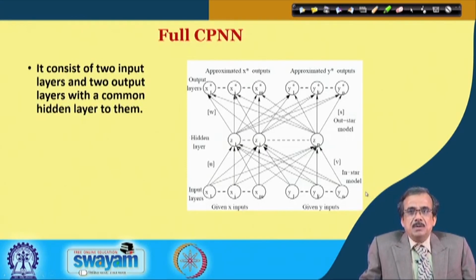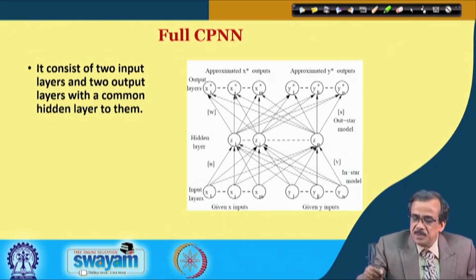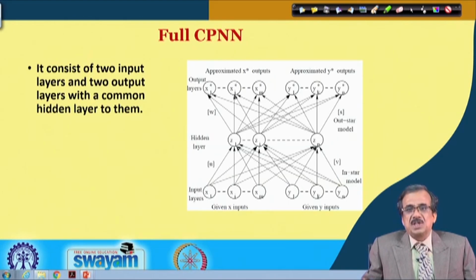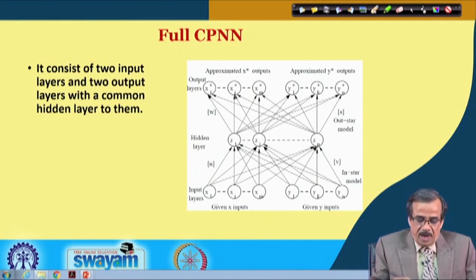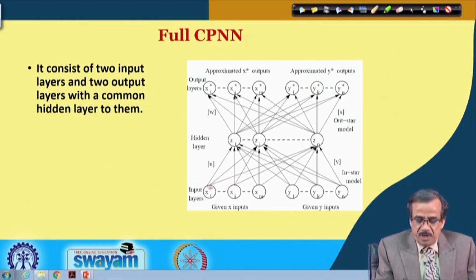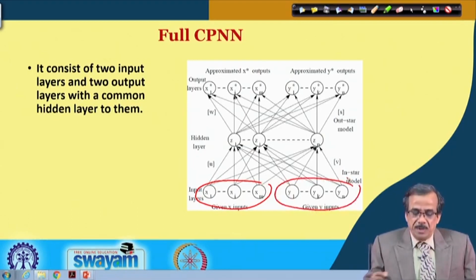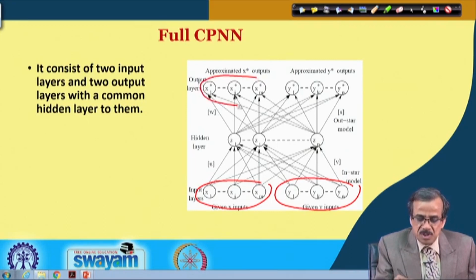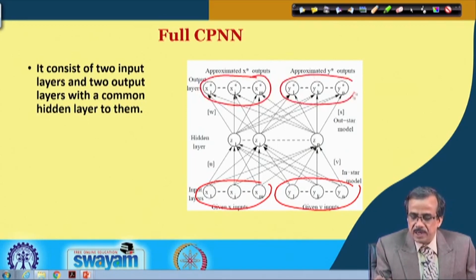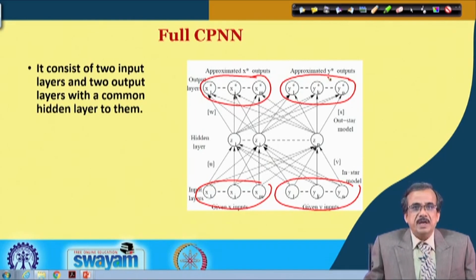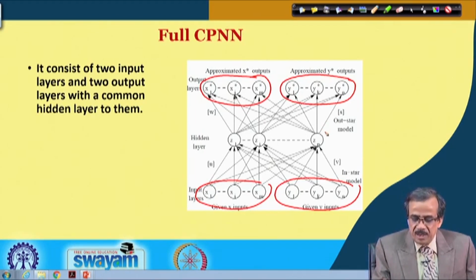This is the schematic view of the full CPNN. Construction wise, it has got 2 input layers. I have got one input layer here, and another input layer here. Then we have got 2 output layers, one output layer and another output layer, and we have got a common hidden layer, which is denoted by this.